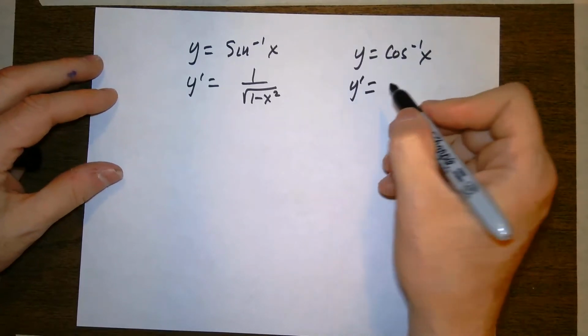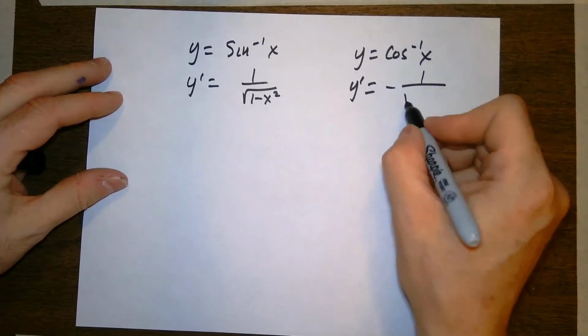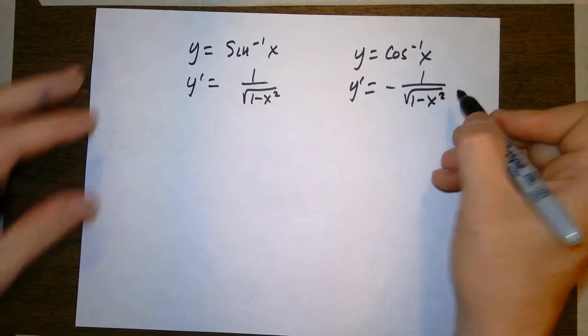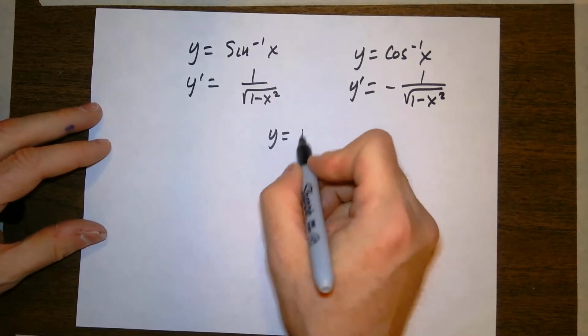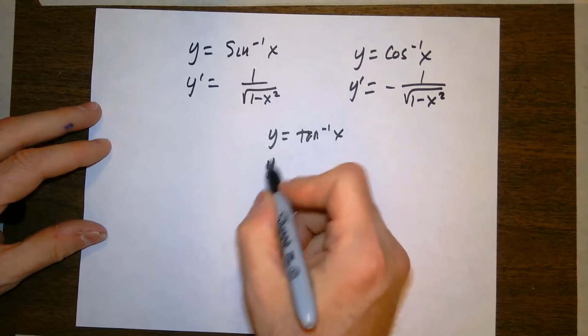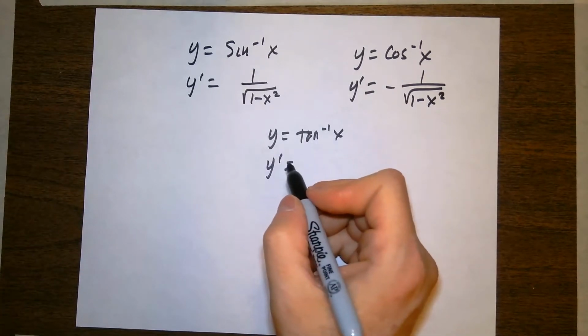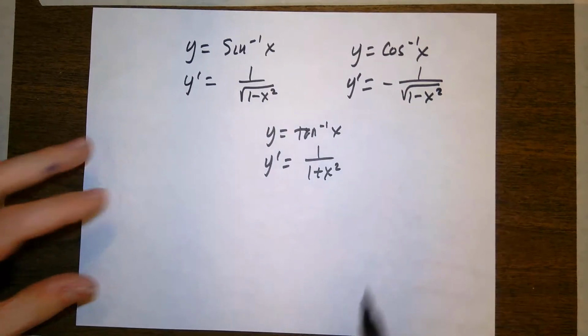The derivative of inverse cosine is negative 1 over the square root of 1 minus x squared. And then finally tangent, y equals the inverse tangent of x. The derivative of inverse tangent is 1 over 1 plus x squared.